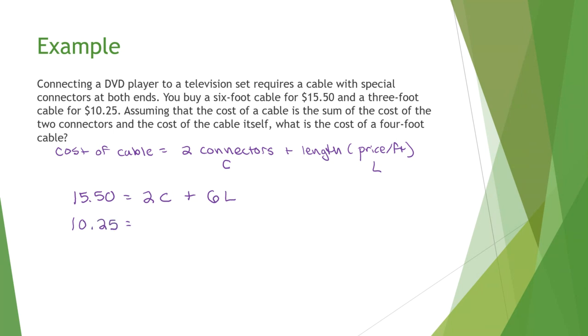So that's $10.25. That is also 2 connectors. And then that is 3 feet times the cost of a foot of cable. So now that gives us our system of equations that we can solve to figure out what the cost of a connector is, and then what the cost of a foot of cable is.